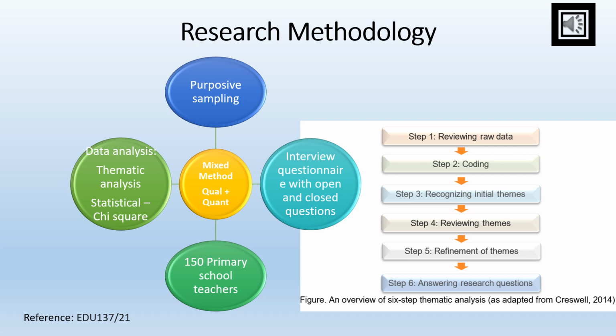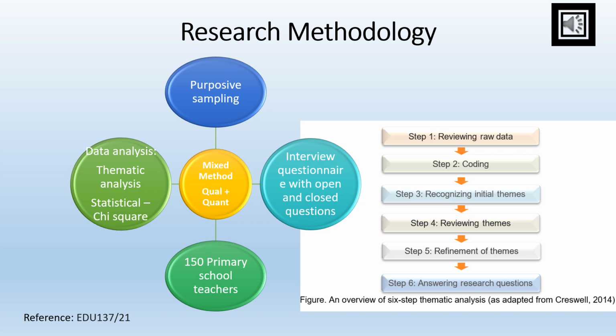The qualitative data was analyzed thematically, whilst the quantitative data was statistically analyzed using the chi-square method. The data was submitted to a statistician at the university who presented the outputs which the researchers analyzed.